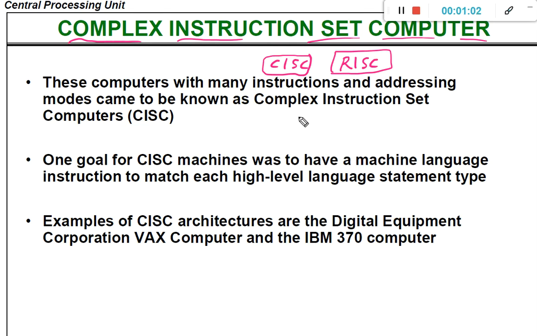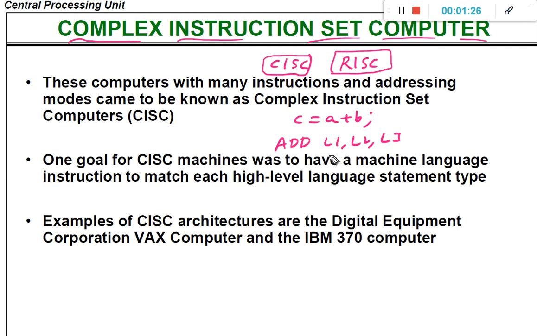For example, there is a statement such as C is equal to A plus B in C language. Then there will be an equivalent assembly language mnemonic in a complex instruction set computer such as ADD L1, L2, L3.